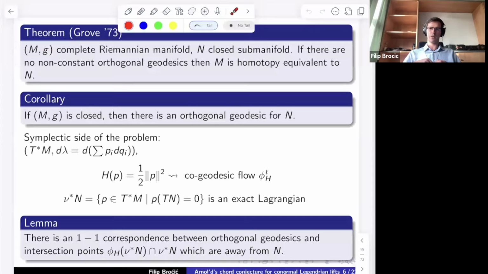So we don't want to consider the constant geodesics. We are only interested in non-constant ones.